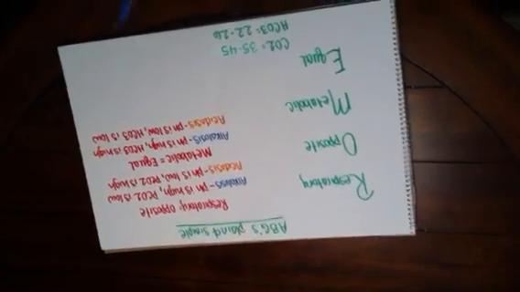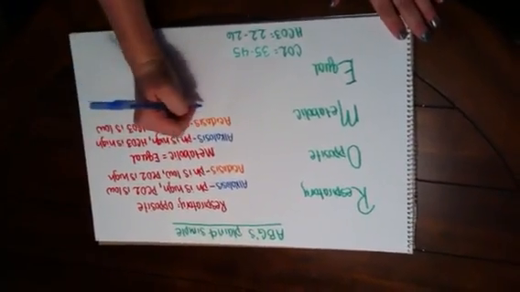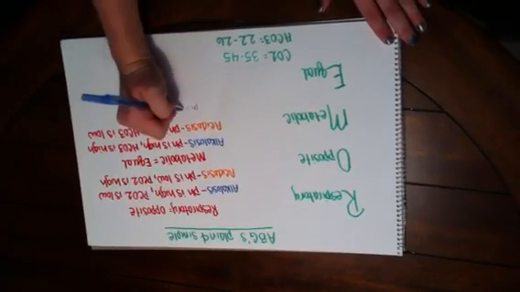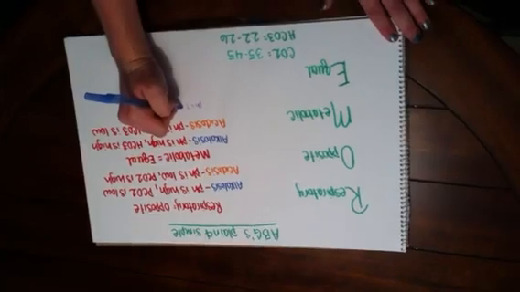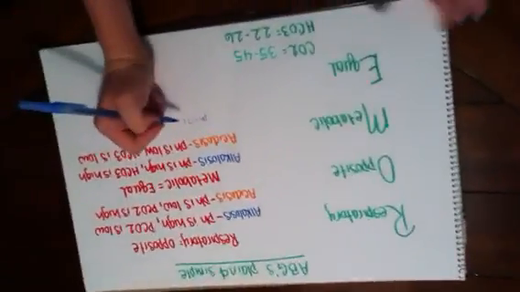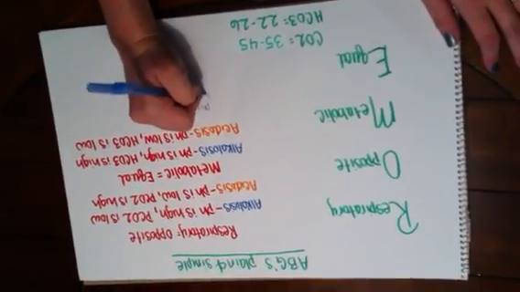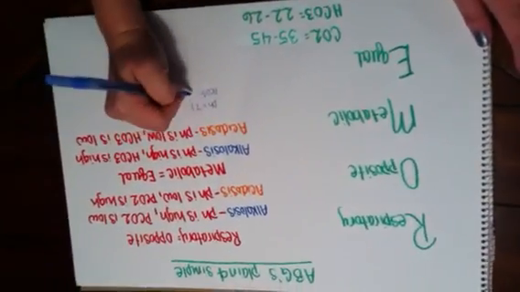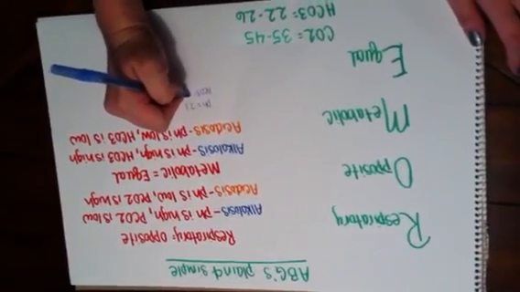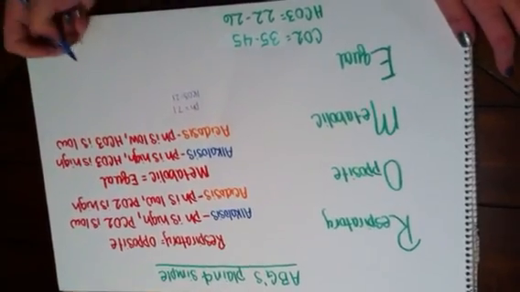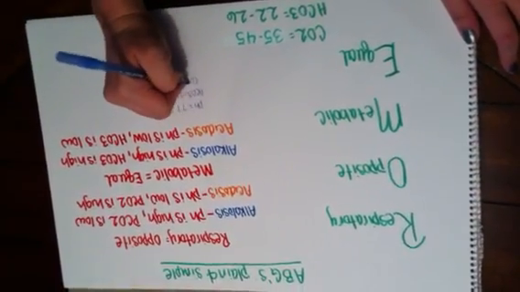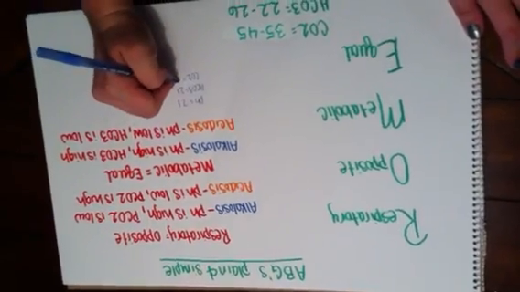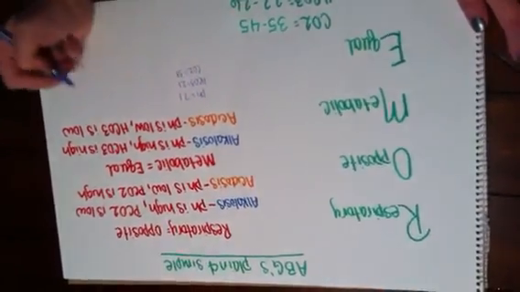So let's do a practice problem. If you have an ABG with a pH of 7.1 and you have a bicarb of 21, and then you have a CO2 of 38.